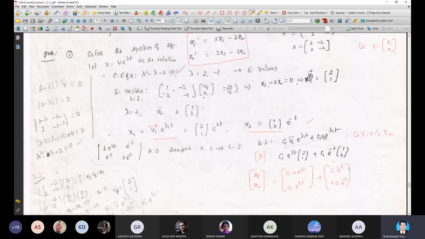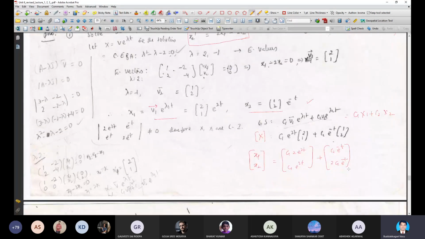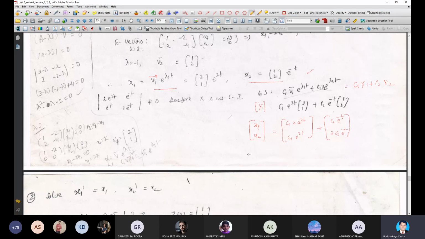So then you can get the solutions x1 is equal to 2c1 e power 2t plus c2 e power minus t, x2 is equal to c1 e power 2t plus 2c2 e power minus t. This is the required solution x1, x2, right?